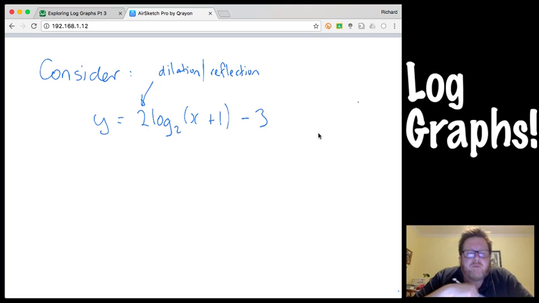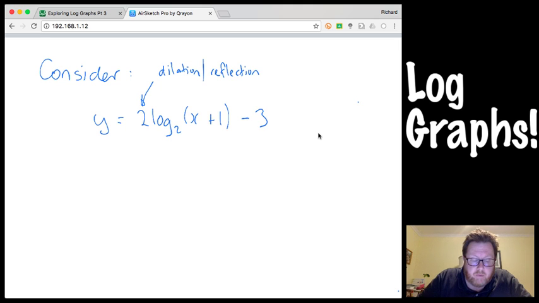If the number in front of the log function is a whole number, a big whole number, then it will cause the graph to increase more quickly. And if that number is negative, then it will cause the graph to reflect. So in this specific example, we have the number 2. Okay, so the graph will increase a little bit more steadily, and it's positive, which means the graph stays the same orientation, it doesn't reflect.